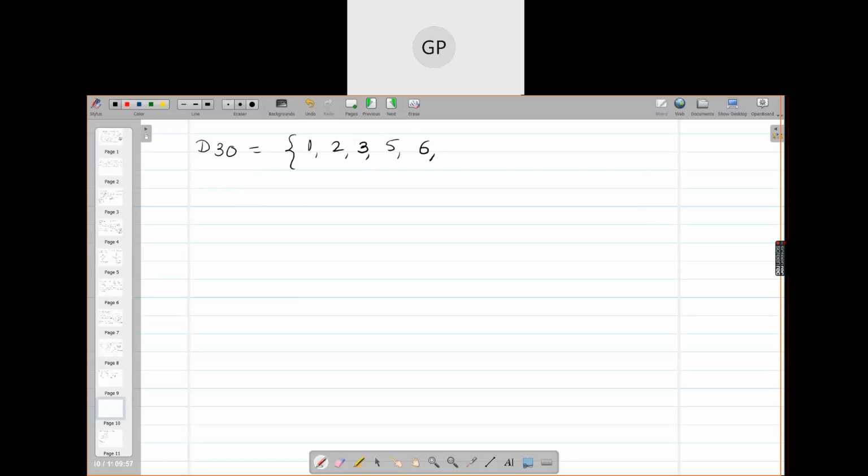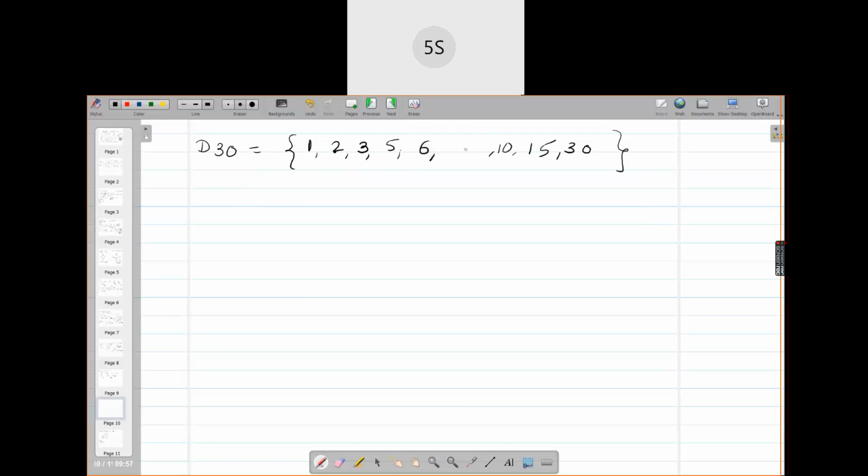I will tell you a trick to write all the divisors. When you write 1, you write 30 at the end. 1 into what? That number, 30. Then 2 into what? 15. So you get 2 divisors at a time. 3 into 10, 5 into 6.